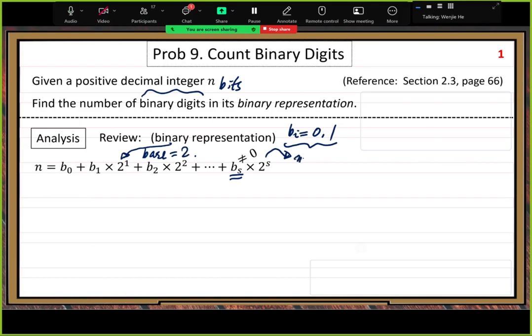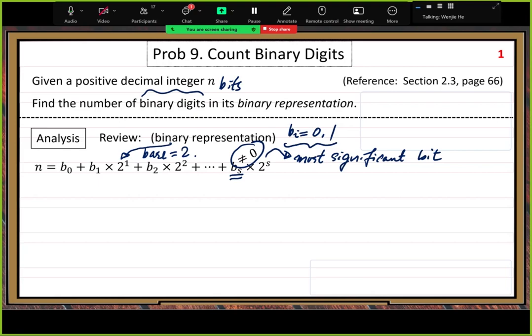For the most significant bit, we can assume it's non-zero. Otherwise we would change that S: if it's 0, we look at b sub S minus 1, which would become the most significant bit. So this is our assumption.